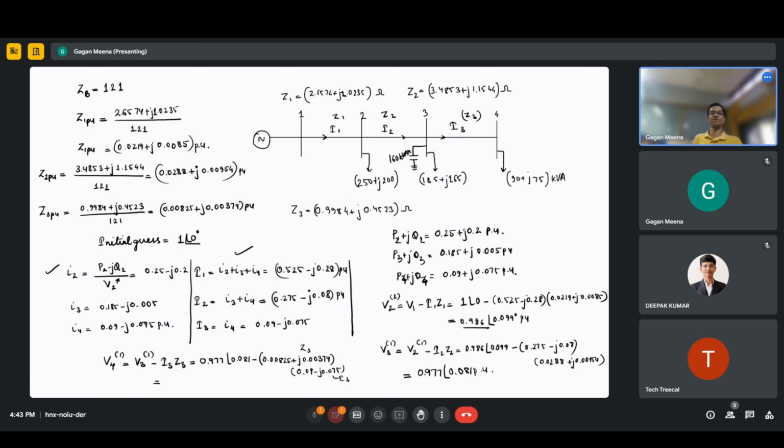If we remove this capacitor, then this voltage will be less than this 0.977, because this will increase this value.